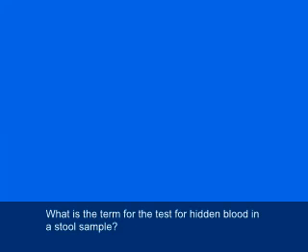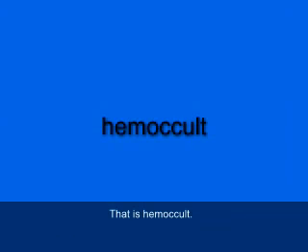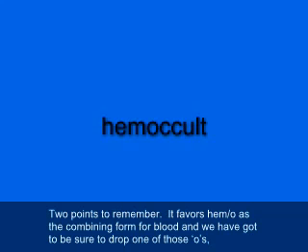What is the term for a test for hidden blood in a stool sample? That is Hemoccult. Two points to remember. It favors hemo as the combining form for blood, and we've got to be sure to drop one of those O's.